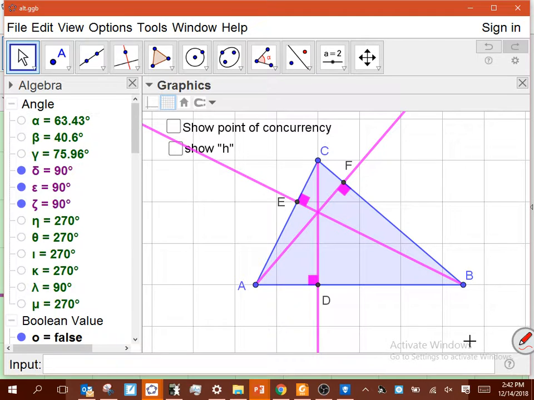Each one of those purple rays starts at a vertex and goes perpendicular to the opposite side, right? Okay? Each one of those is an altitude. Those lines are concurrent at one particular point right there, and it's called an orthocenter.